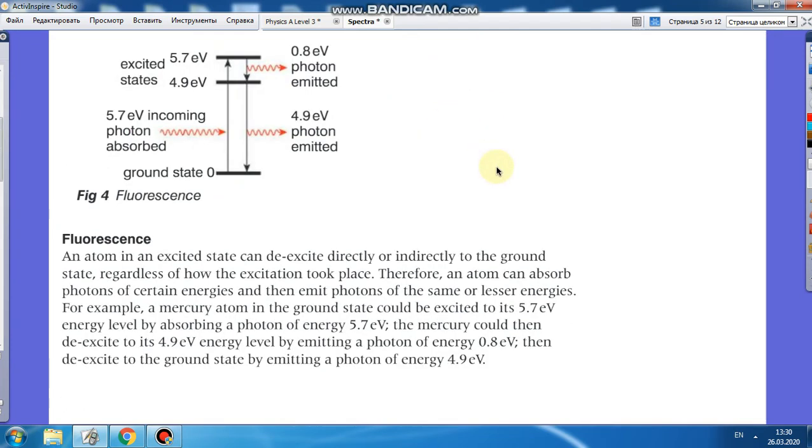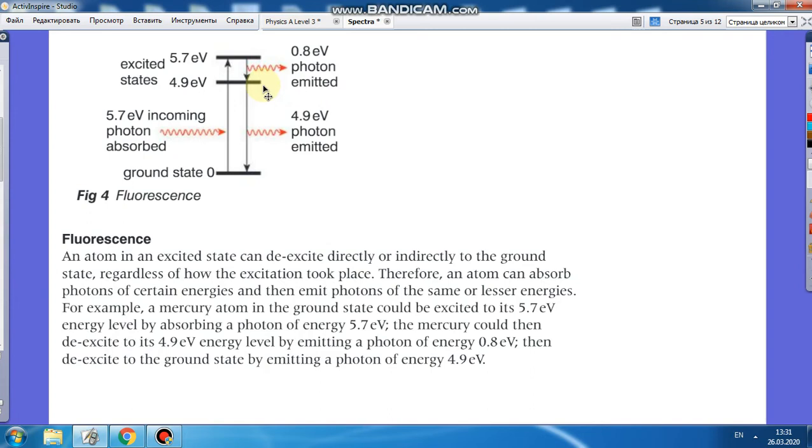Let's try to understand what happened with this atom by looking at the diagram. Initially it was in the ground state and it absorbed a 5.7 electron volt photon energy, so it jumped to the second excited state, and then it emitted 0.8 electron volt by de-exciting or jumping back to the first excited state.